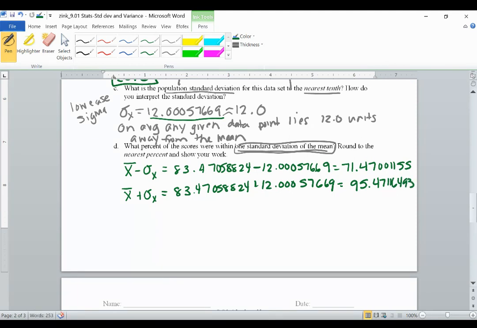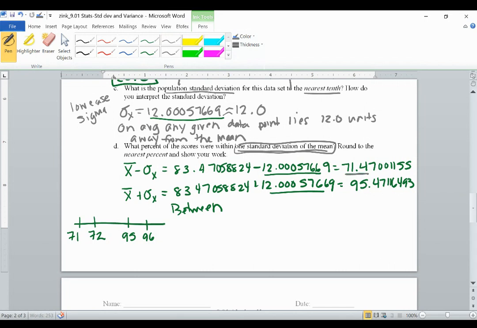Okay, so we want to figure out what percent of the scores were within one standard deviation of the mean. So this is one standard deviation right here that we added and we subtracted. Actually, let's take a look at the number line before we decide those exact numbers. 71.47 is between 71 and 72 on a number line. 95.4 is between 95 and 96 because it's a little bigger than 95.